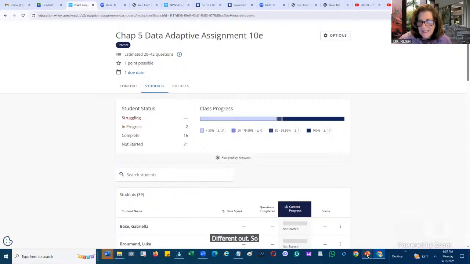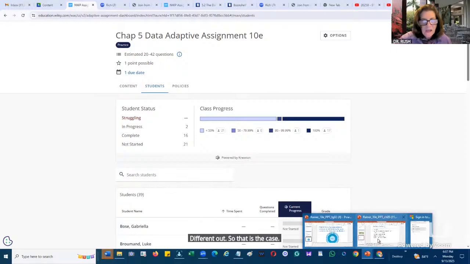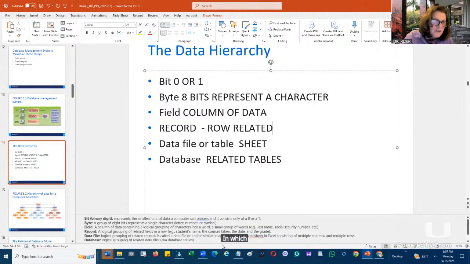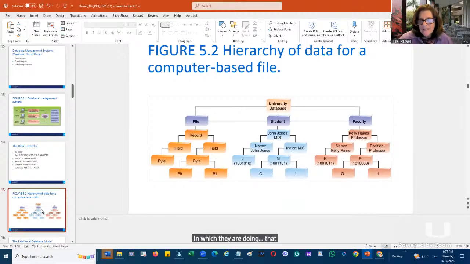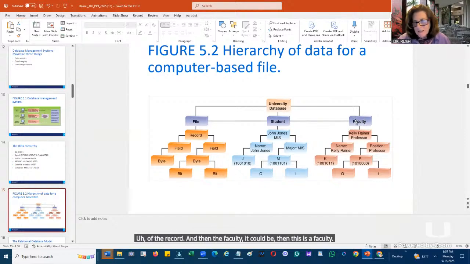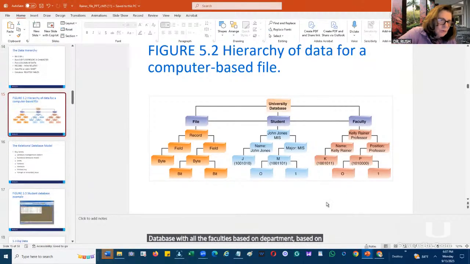So that is the case in which they are doing that database. What you just saw for that chapter 5 was a file, with a record for each person. Then it could be a faculty database with all the faculty based on department, based on school.